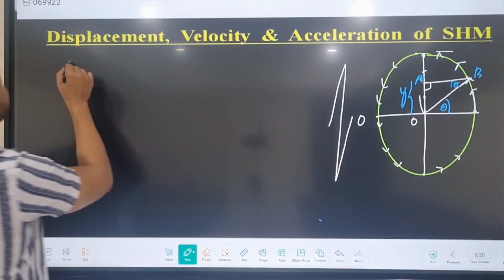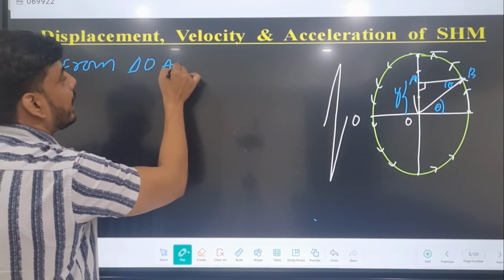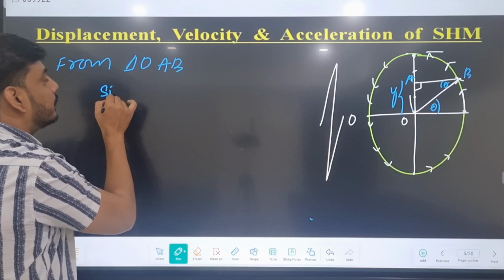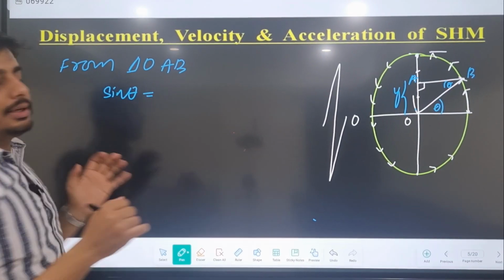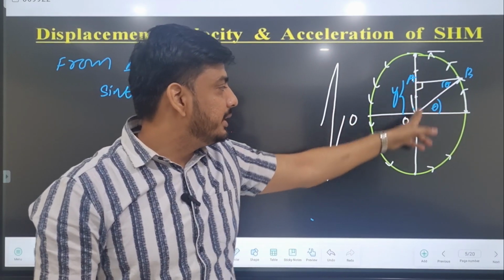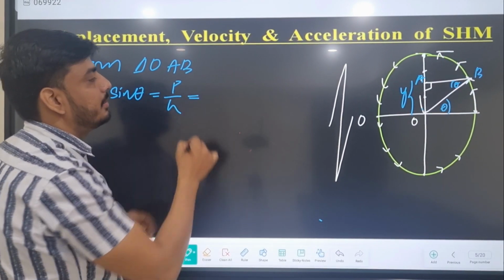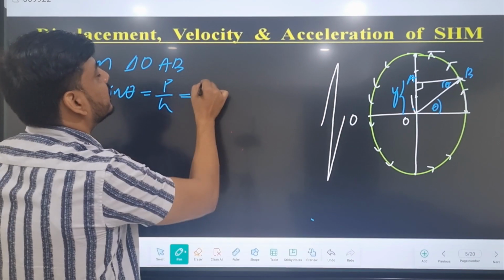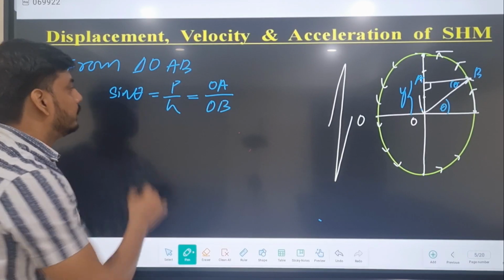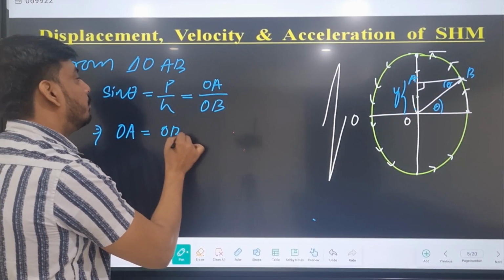So from triangle O, A and B, this one, O, A and B, sine theta, we already know, will be equal to P by H. Let me write that formula first so that you can easily remember: P by H. So P is nothing but OA and H is OB. Clear?